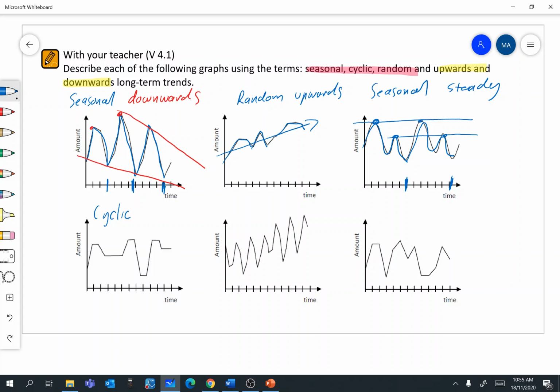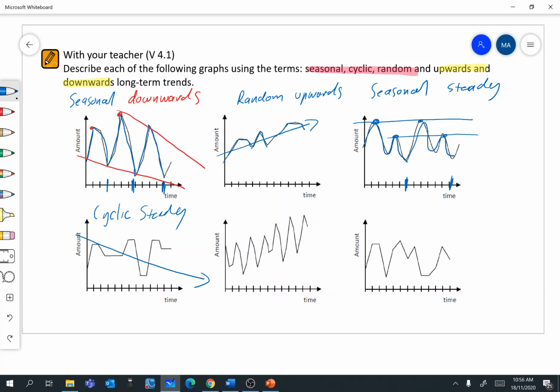We have this trough followed by a really low trough, but then this trough seems to be higher again. We'd like to see a bit more of this to decide. So I'm just going to say that this one is steady, although you could argue that it is a bit downwards, but it's a tough one to say.